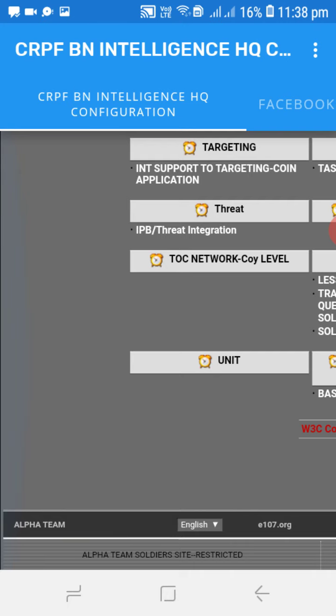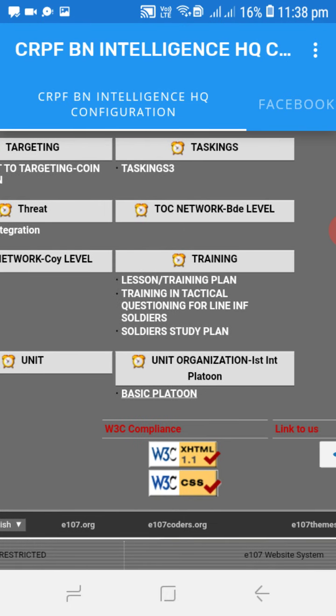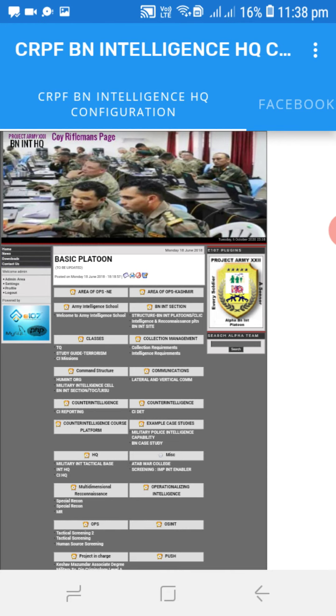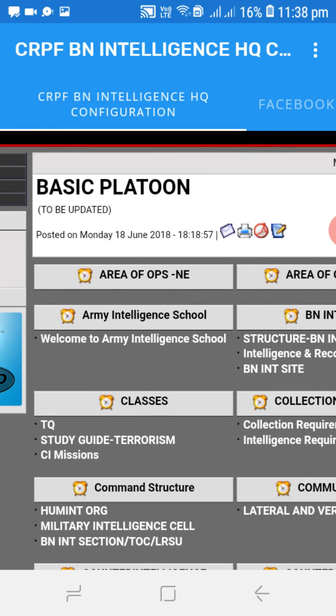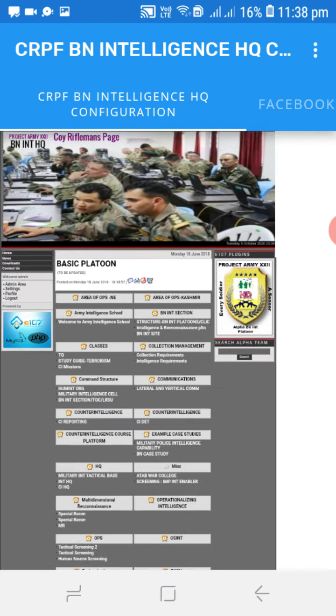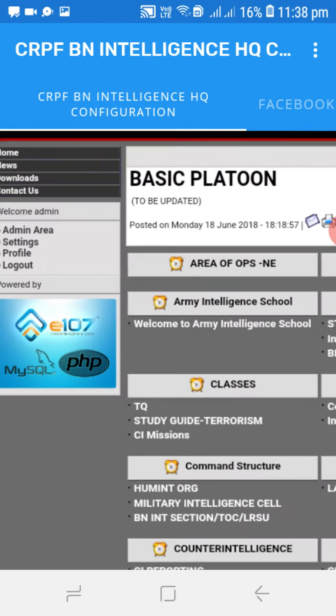This is a basic platoon. Here I open it. I have to update this; I'll add the information in a day. So this is a complete system for the soldier to learn, to study, and to interact with officers and subordinates. There's a chat over here.